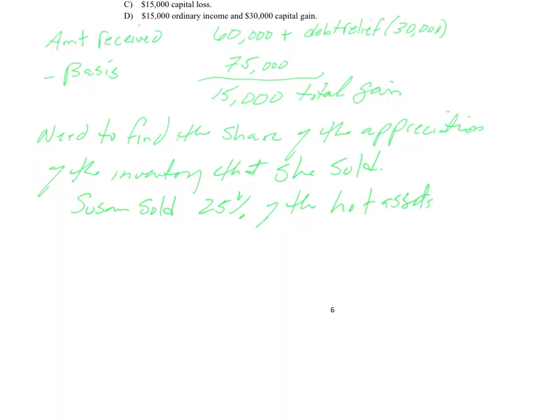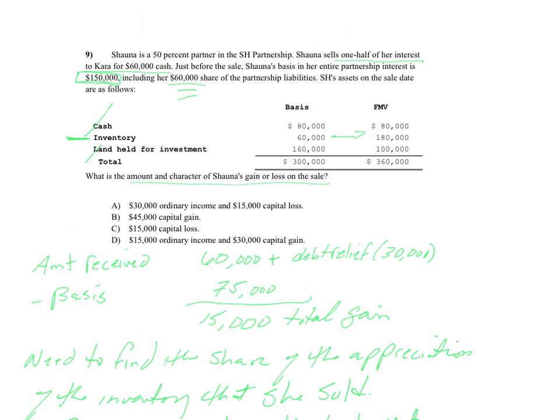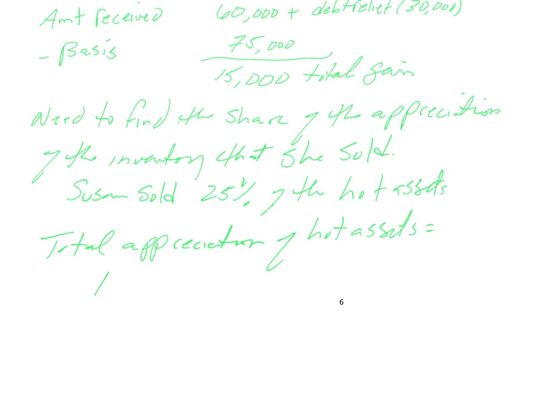So what was the total appreciation? Total appreciation of hot assets equals 180 minus 60. Okay, and then she sold 25% of that. So let's find 1/4 of 120. So 1/4 of 120 is $30,000.